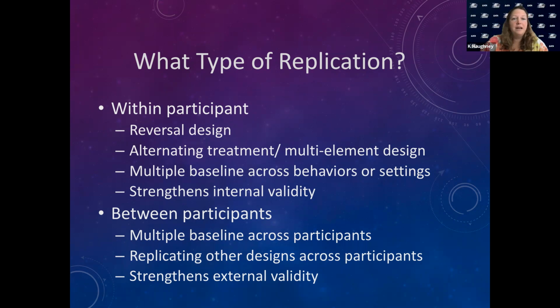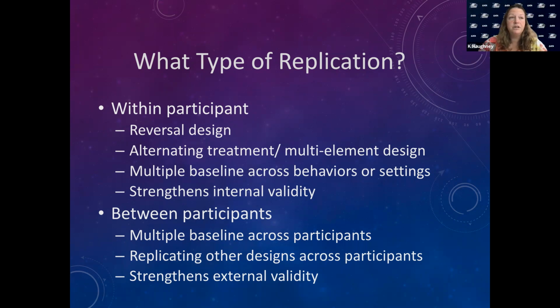It can be alternating treatments where there's a single participant and they're getting different treatments that are switching back and forth, and you're watching between those treatments. We'll talk about multi-elements in just a few minutes. Multiple baseline across behaviors or settings. So if you're going to have a multiple baseline, you'll use several participants.